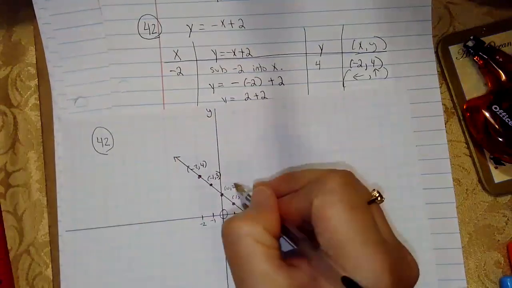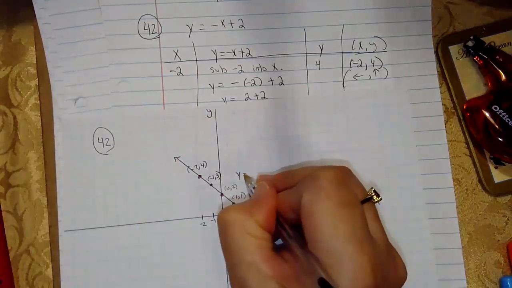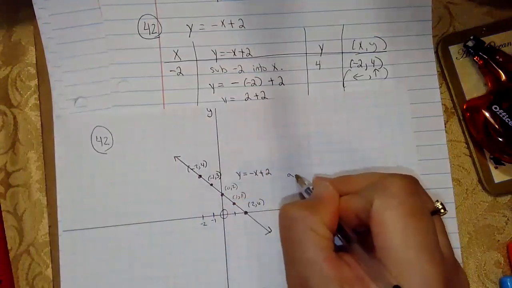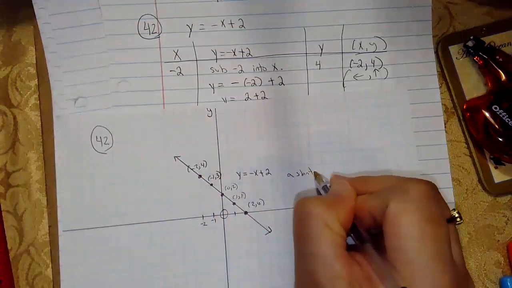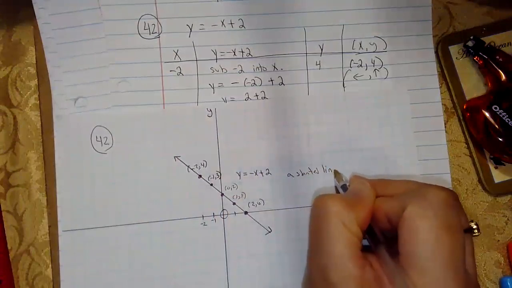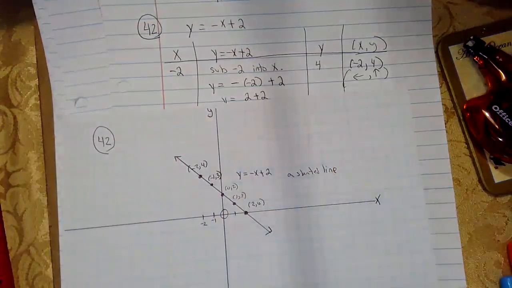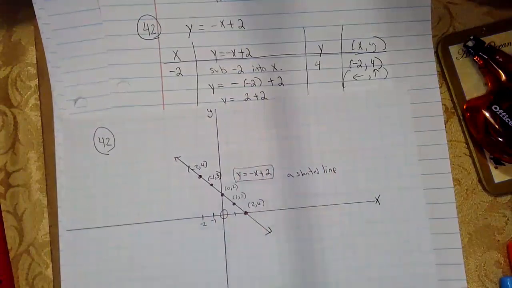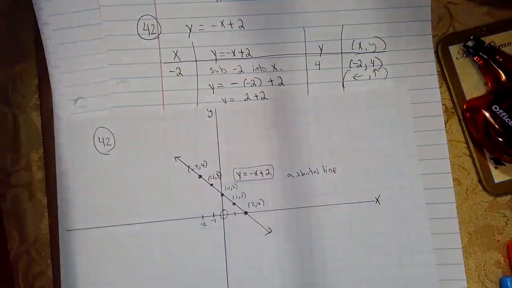And then the name of this line is y equals -x plus 2, and this is a slanted line. It's not vertical, not horizontal, but it is a slanted line because you have x's and y's in your equation.